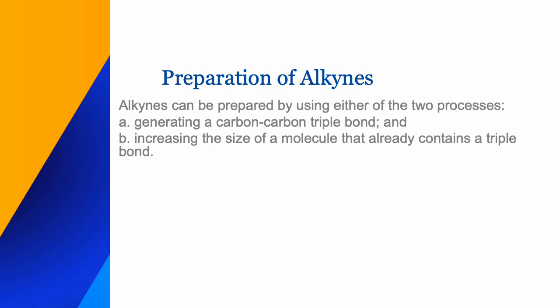So that means we can prepare alkynes from an existing alkane, and then force the carbons to react and form a triple bond between carbon and carbon. That's one. And from an existing alkyne, we can extend the structure, and a new alkyne will be formed.